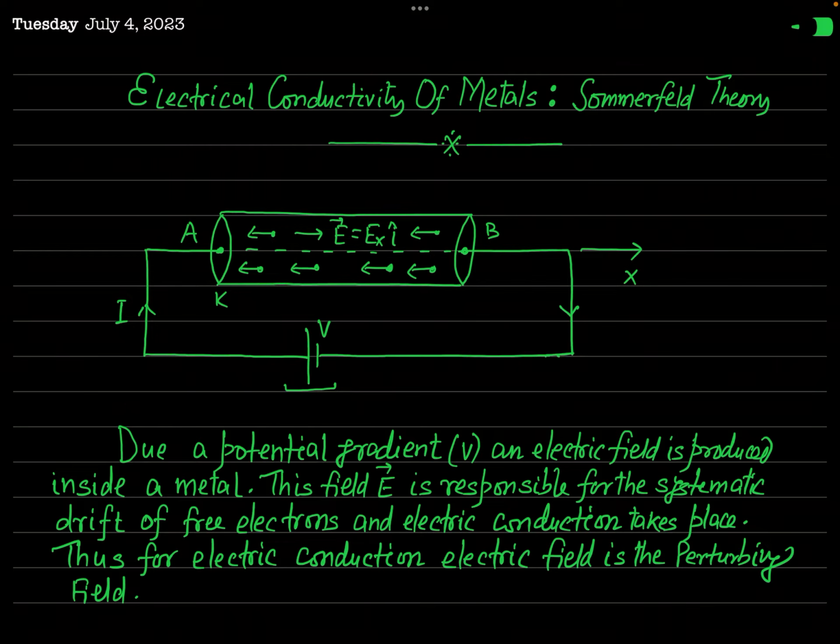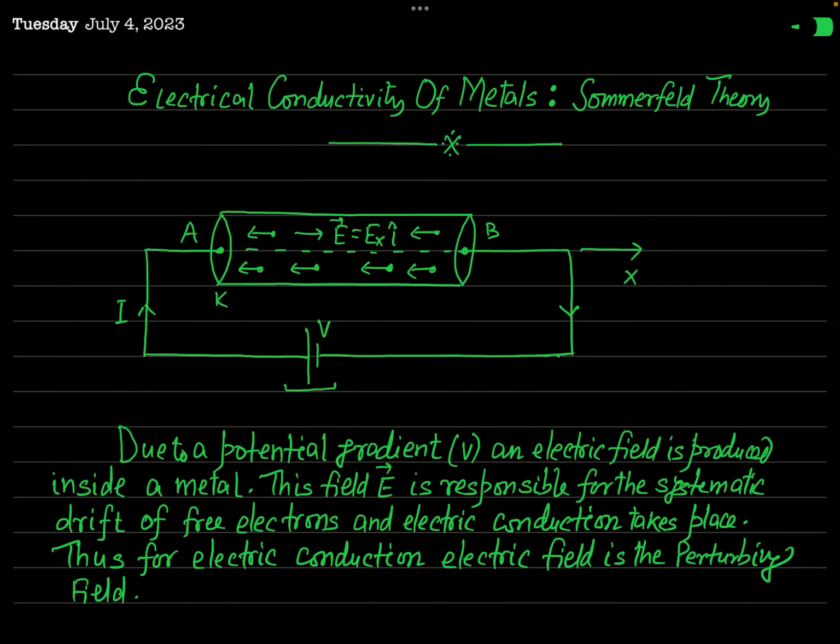Due to this applied voltage or this potential gradient, an electric field E is produced inside the metallic specimen. In electrostatic condition, the electric field inside the metal is zero. But when we establish a potential difference across the specimen, then an electric field is developed.